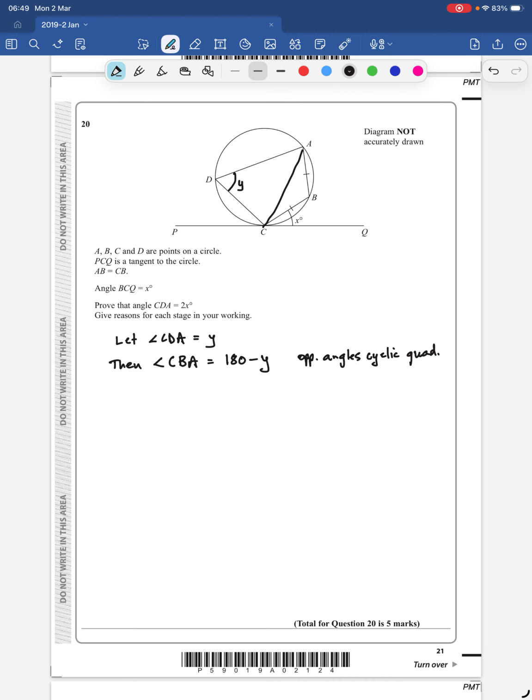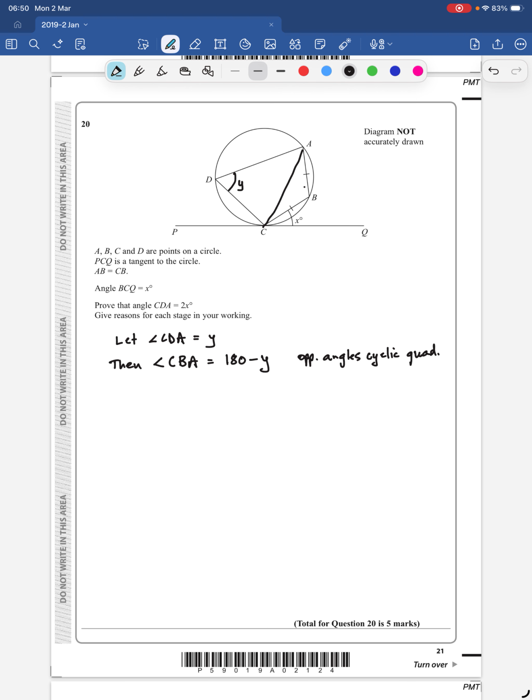Now, if this one here is 180 minus y, and this triangle here has 180 degrees as the sum of all the angles, I know that these little ones here, these two little ones, must add up to y.